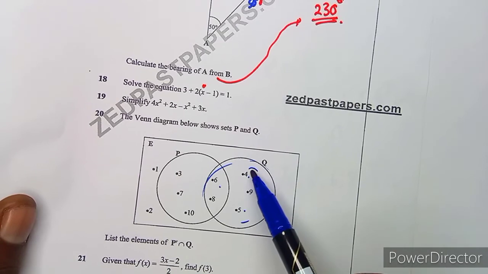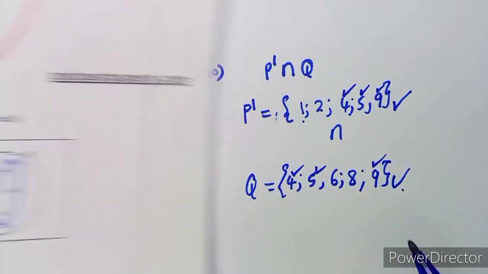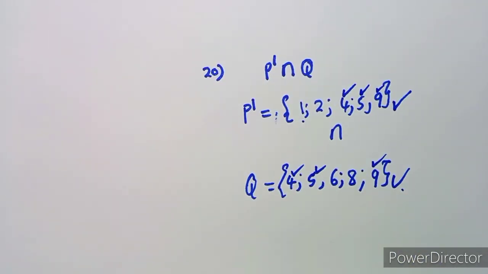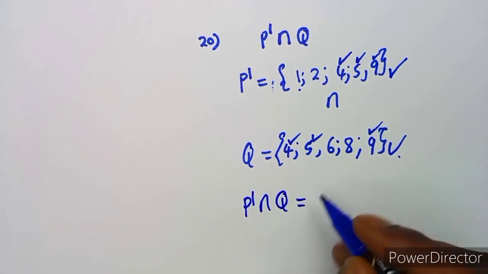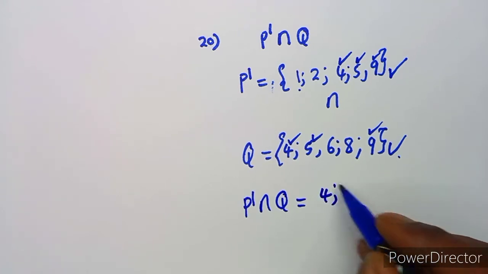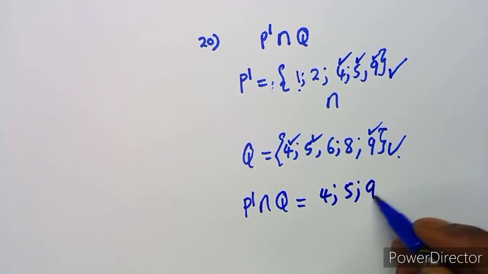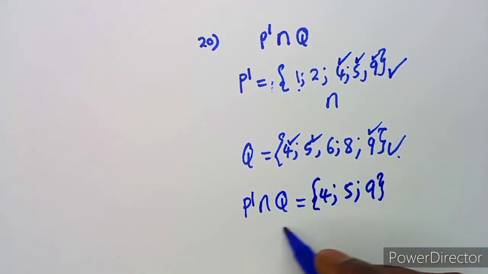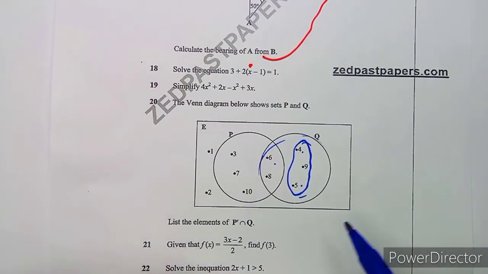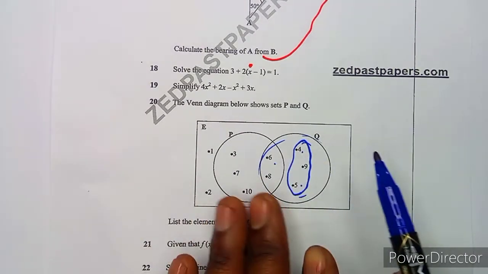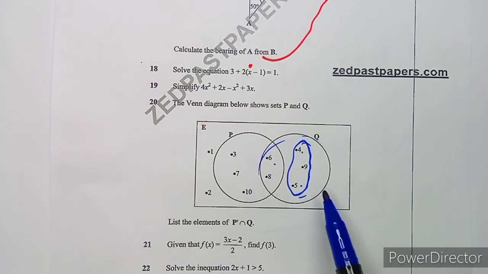All right, anyways, this is how you could have done it. So P complement intersection Q, therefore, is going to be 4, 5, and 9. So you can take by listing out like this, or you can even take direct from the diagram by just saying this is my P complement, what is outside of P, intersection Q.